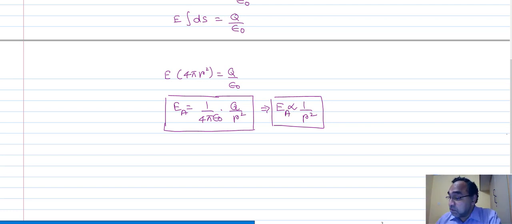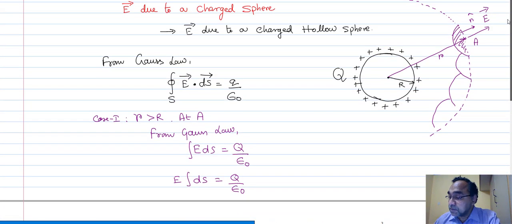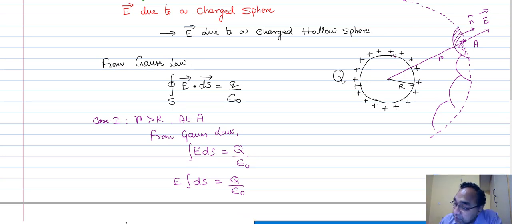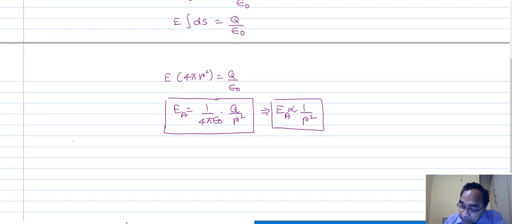Now, this is one. Is there any other point? Come to the diagram. There is one more point that is on the surface. This is B. And here it is R. So the second point, we have it as case 2.